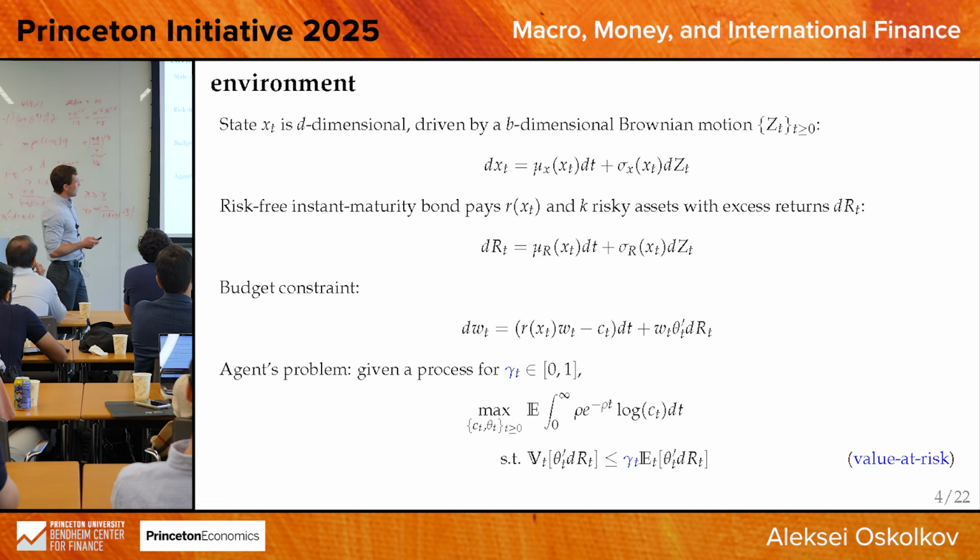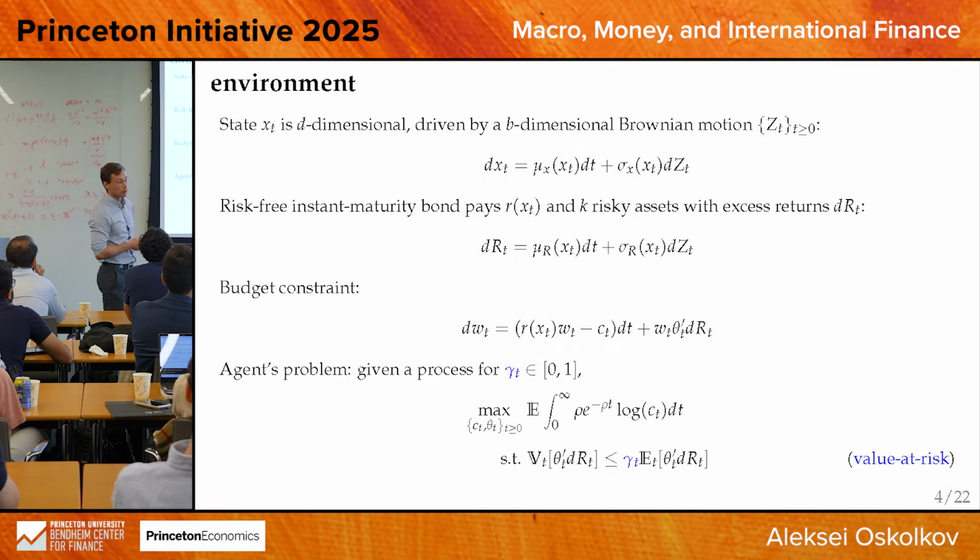Now, the second important thing is that there's this aggregate state X that is evolving like a bunch of Brownian motions. The aggregate excess returns are also going to be Brownian. So they're also going to load on the same underlying shocks that drive X. And the drift and the loadings of those excess returns are going to be endogenous, determined in equilibrium.